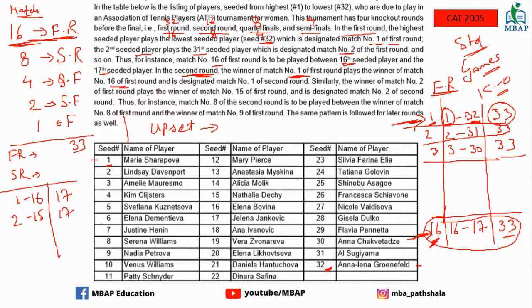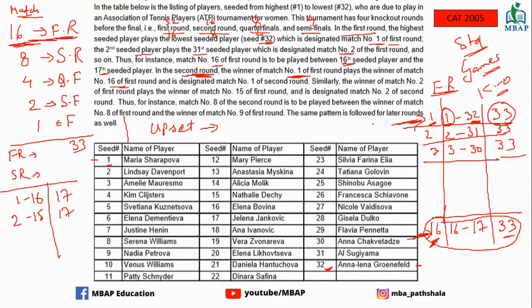That's not the matches, Pratik. What I'm saying is that the sum of the ranks of the two players playing a game has to be 33 in round 1, because player number 1 versus player number 32 totals 33. I hope that is clear to you, Pratik.